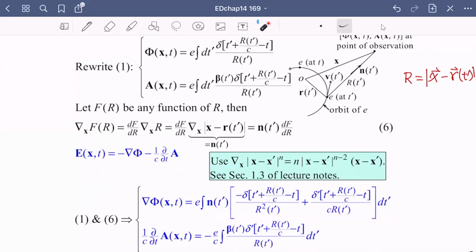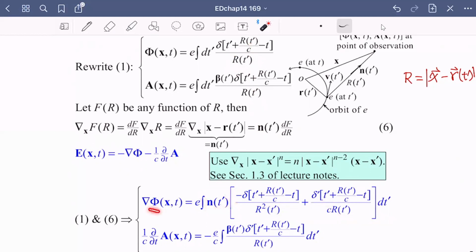Two parts. First part, gradient phi, consists of this one. So this part, the denominator, gives us this one with a minus sign. And with respect to r, gives us this one. Second, here, with respect to r, gives us this one and this one.